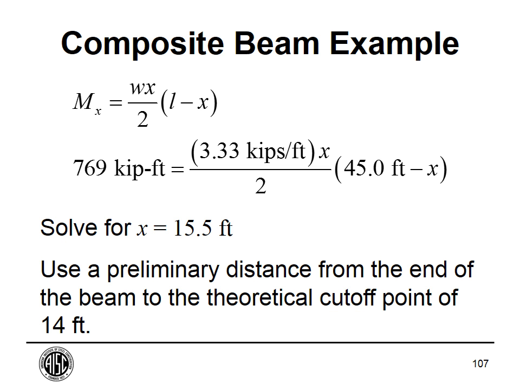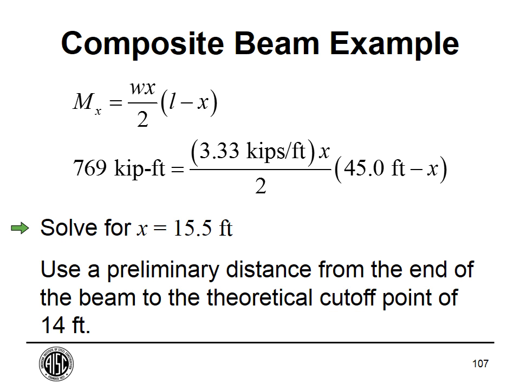Using the equations in the AISC manual, solve for x equals 15.5 feet. And that's where the moment is equal to our moment strength without any reinforcement. So that's where we can have our theoretical cutoff point on this beam.